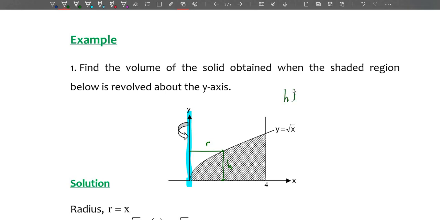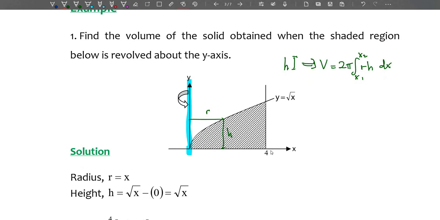When your height is vertical and your r is parallel to the x-axis, that means automatically you know that your V should be 2 pi integral of r h with respect to x, which means here should be x1 and x2. As per this question, we don't have to determine the values of x1 and x2 because we know that it starts at 0 and ends at 4.